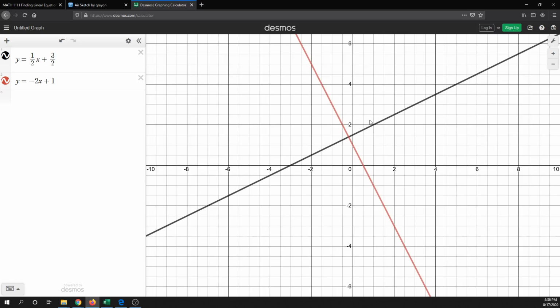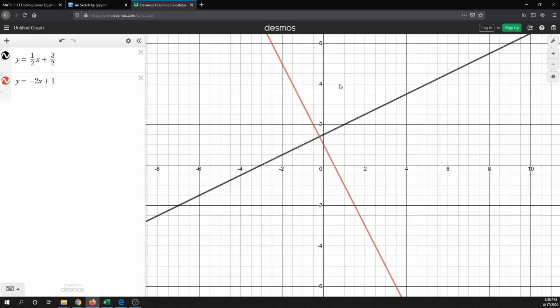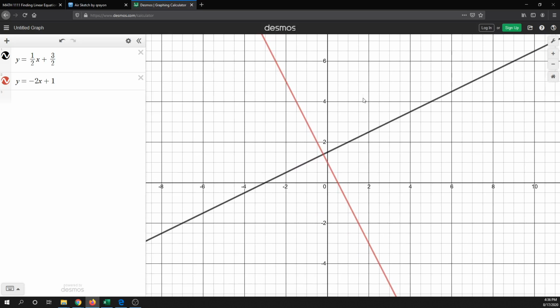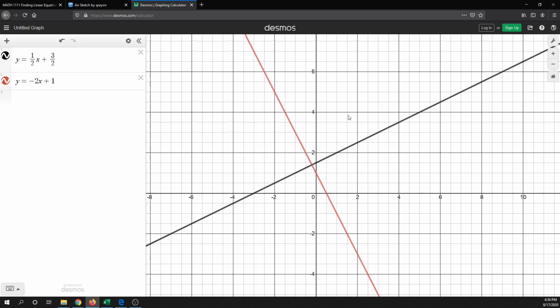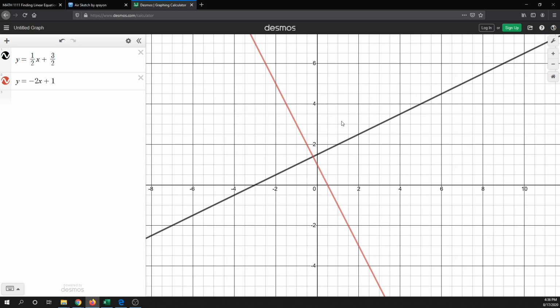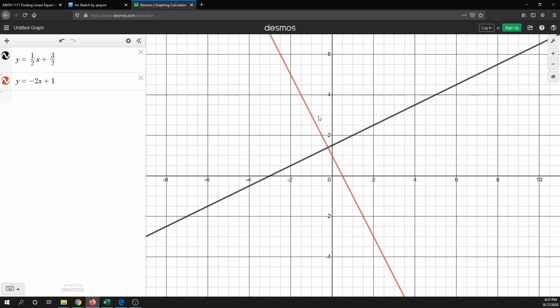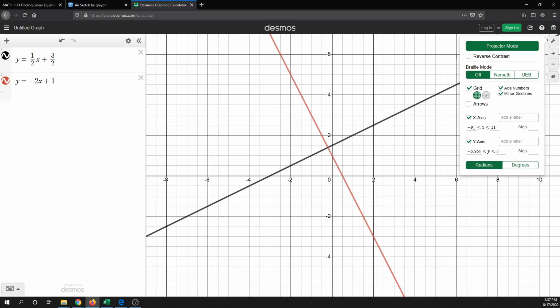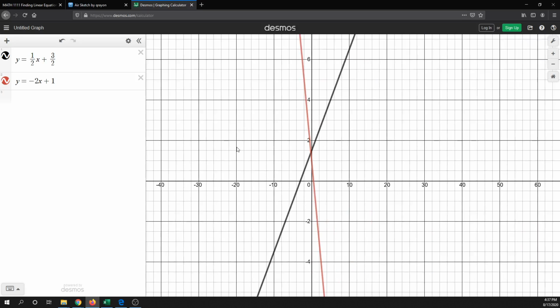Okay. Now, when you are looking on some technology and graphing this out, it's pretty easy to tell that two lines are parallel, because they're going to look parallel kind of no matter what. But it's not true with perpendicular lines. If your graphing window is not perfectly square, and you graphed it out, then that doesn't look like a 90-degree angle at all, does it?